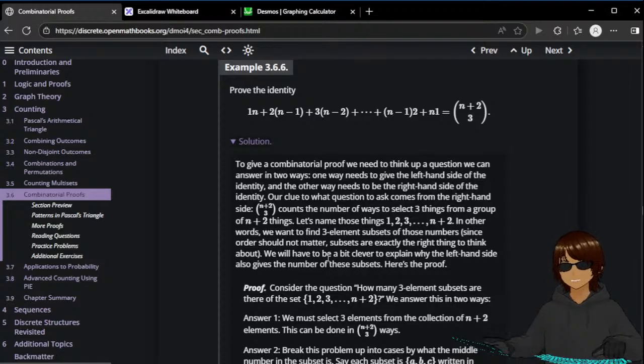We will have to be a bit clever to explain why the left hand side also gives the number of these subsets. Here is the proof.